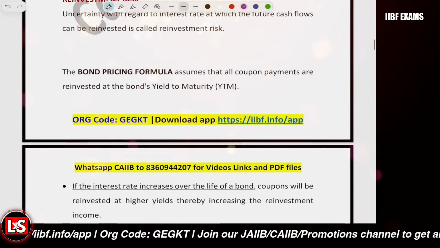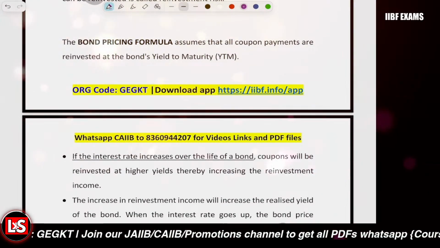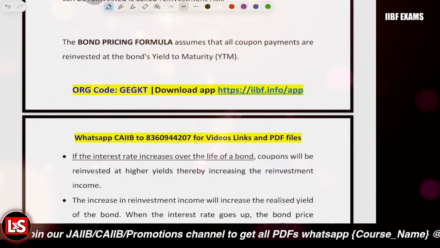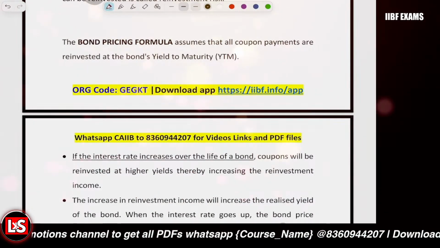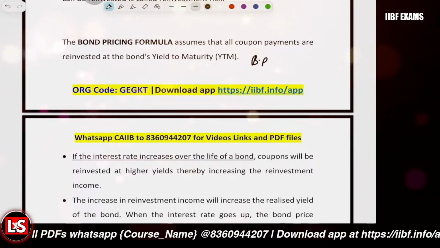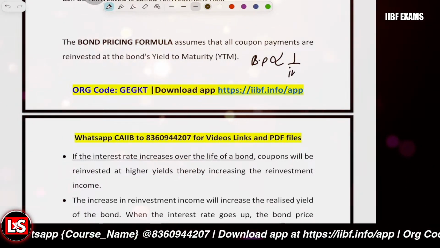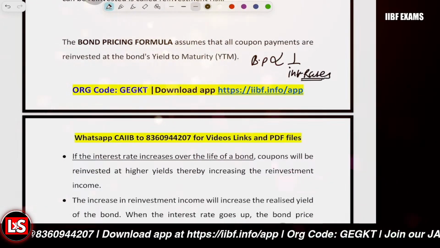Further, it's related to the bond pricing formula. I already told you that bond price is inversely proportional to the interest rate.